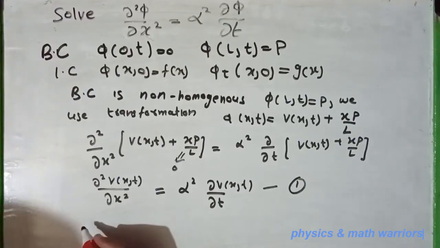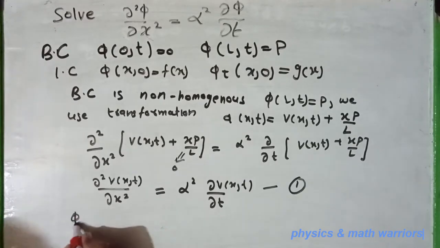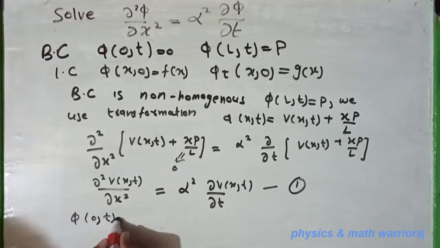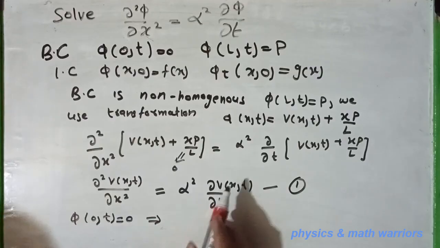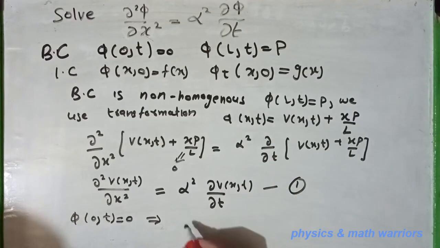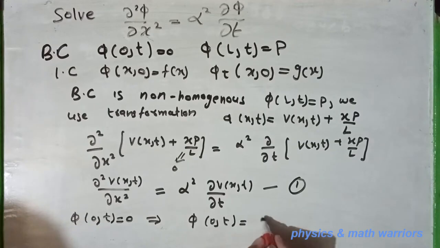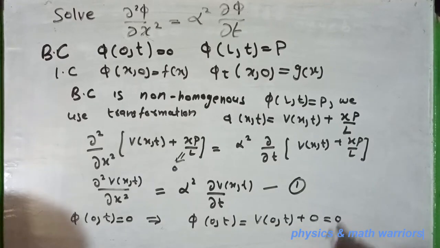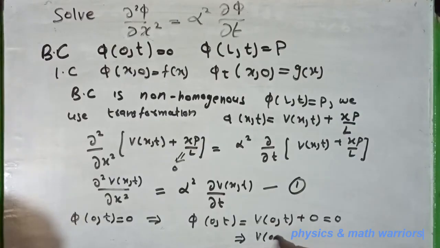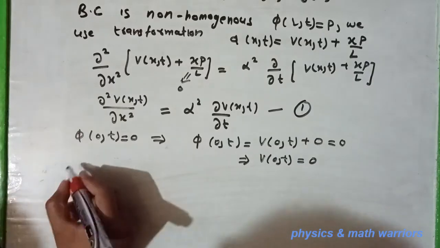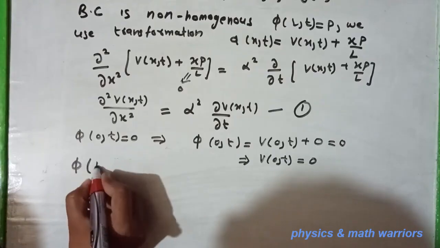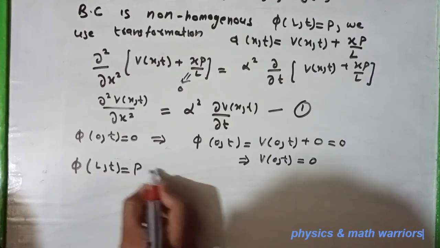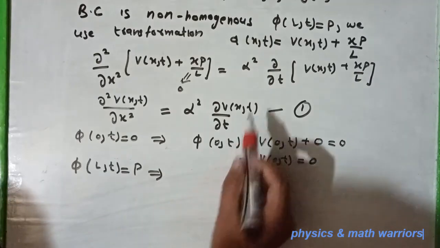And the boundary conditions become: φ(0,t) = 0 means put x = 0 in this transformation. So φ(0,t) = v(0,t) + 0 = 0, which implies v(0,t) = 0. And φ(L,t) = p implies put x = L in this transformation.